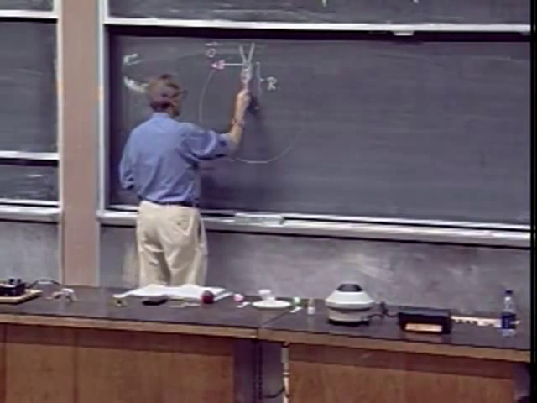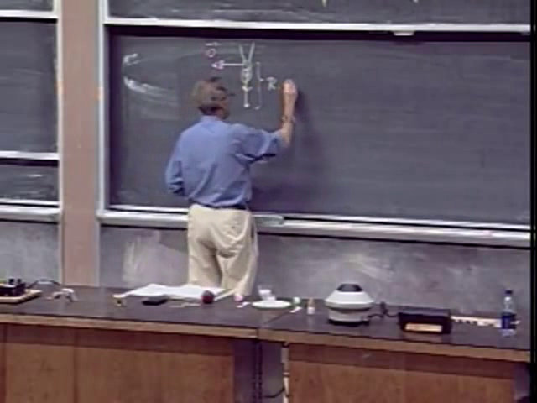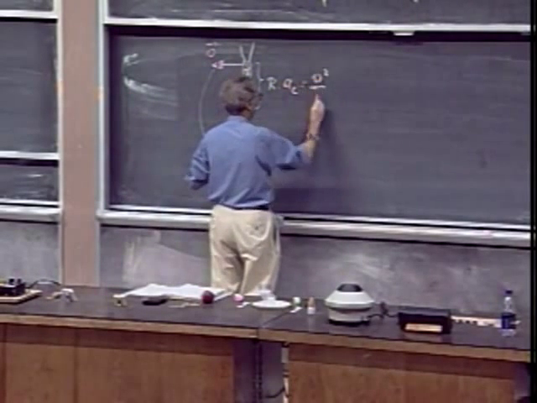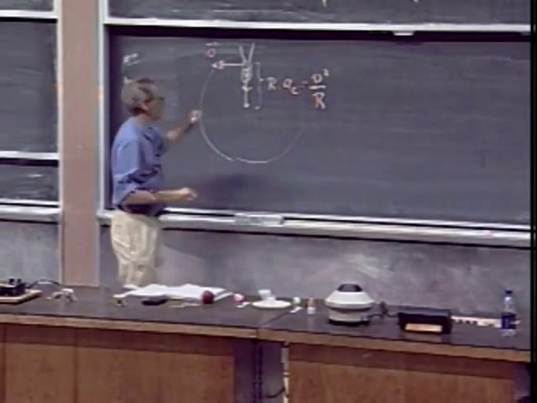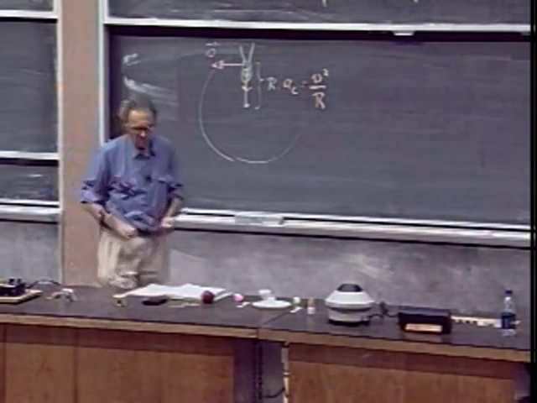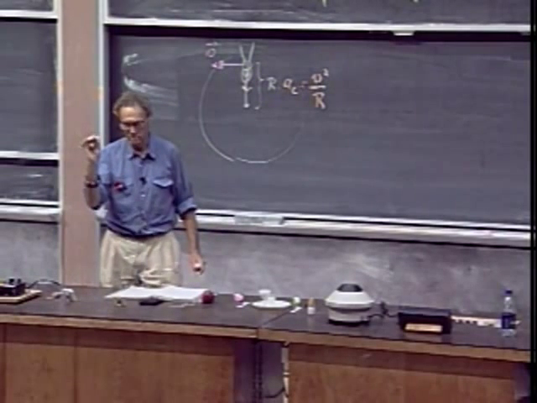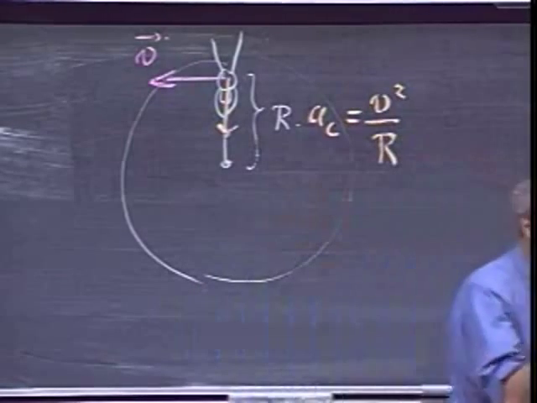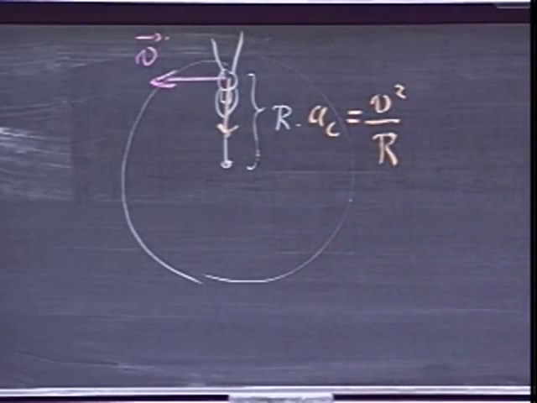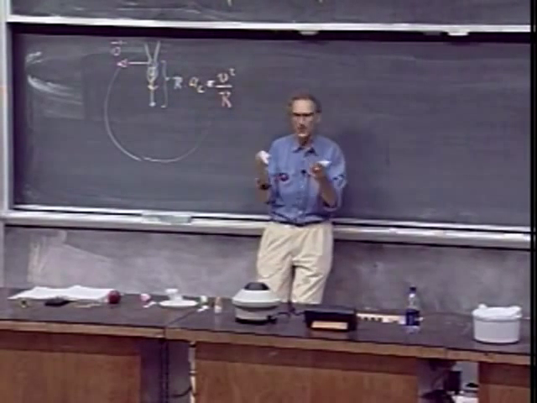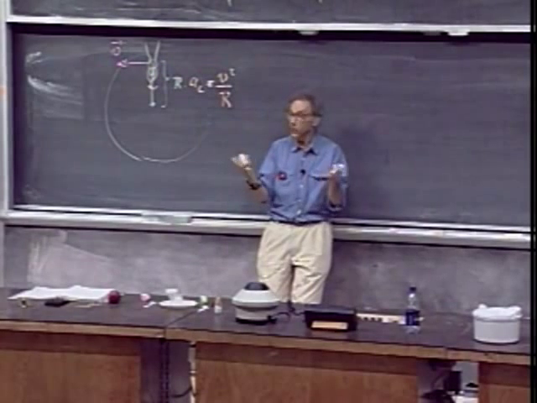So you need a centripetal acceleration, a_c, which is v squared divided by r if you like that. This is the magnitude of that v. Now follow me very closely. Just imagine that this number happens to be exactly 9.8. I can always do that.